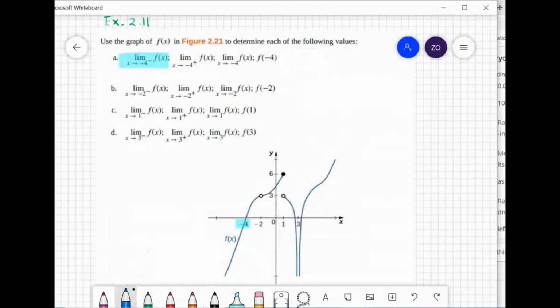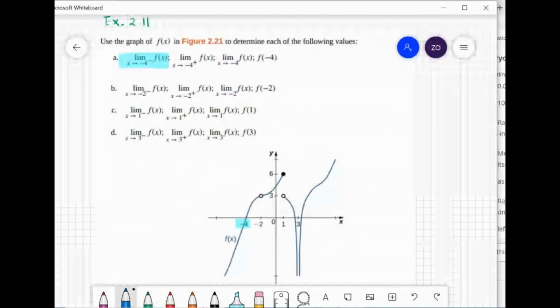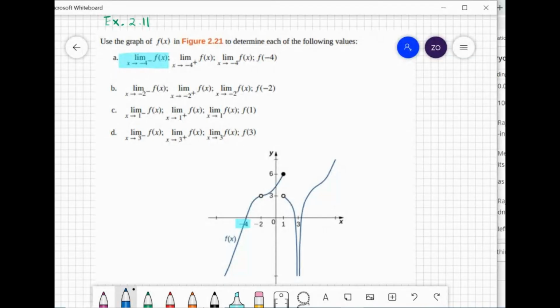And let's see. Here, the function is in fact defined at -4, right? What do you think the left limit is? Okay, that's correct. In fact, the limit as x values get closer to -4 from the left side.